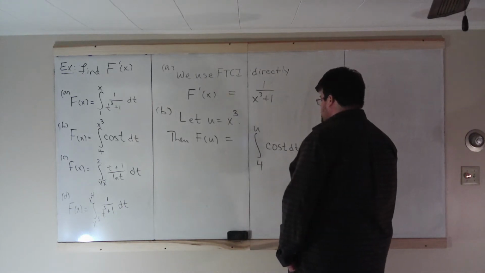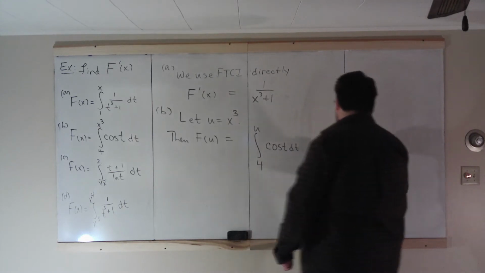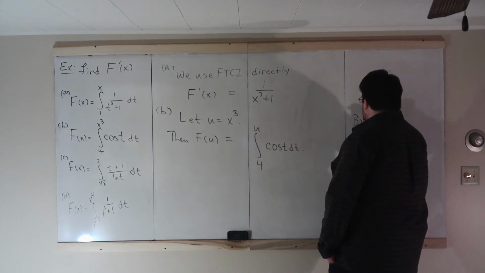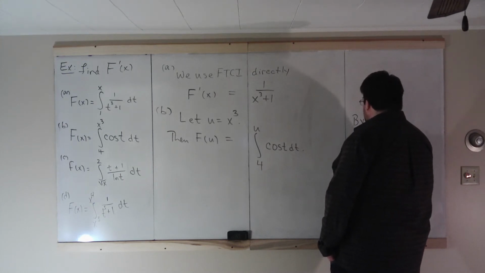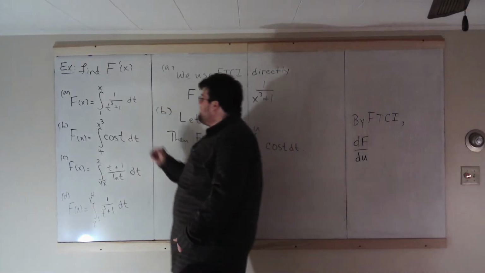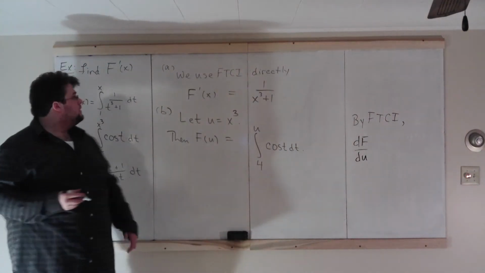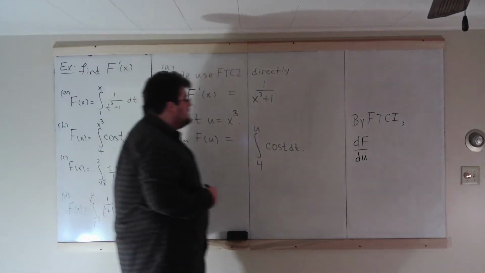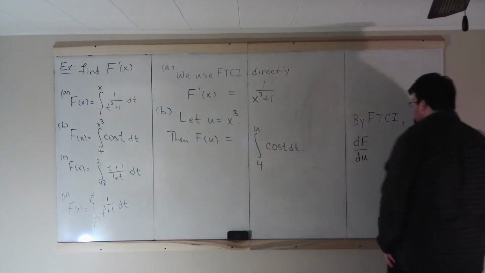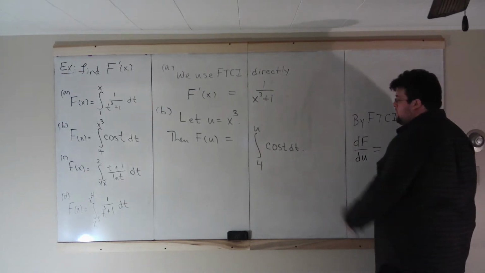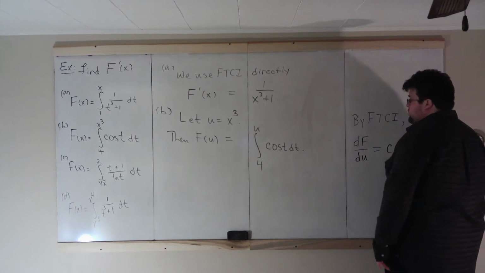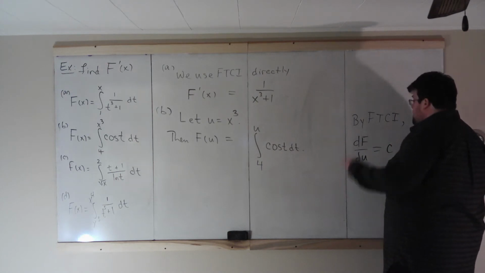I'm going to do that over here. So I'll say by first part fundamental theorem of calculus. Here I'm going to use the fractional notation for the derivative because I like the chain rule like that. F prime of x is dF/dx. But by the first part of the fundamental theorem of calculus, dF/du, the lower bound is a number. It doesn't have to be a 1. It could be a 4, as long as the function is continuous starting at that point.